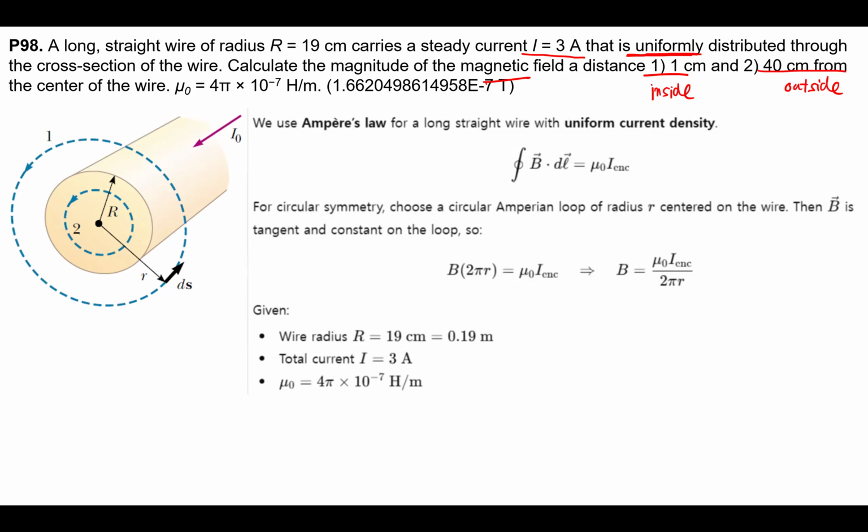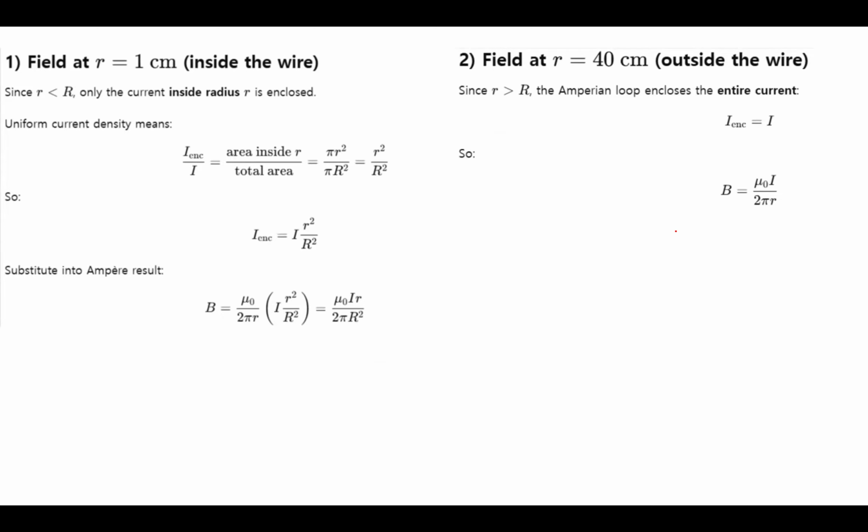So in this case, it is given by the Ampere's law, with the enclosed current. Note that we have a uniform current density.